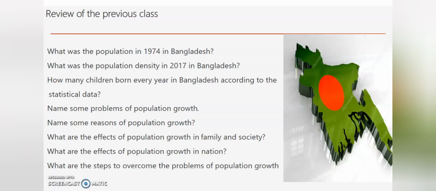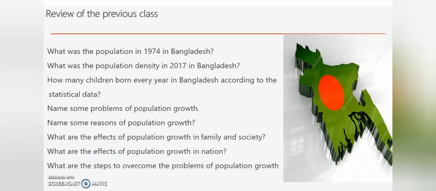Now, can you tell me the effects of population growth in family and society? Yes, you got the correct answer. Due to overpopulation, drug addiction, sexual indiscipline, smuggling, cruelty towards women, smuggling of women and children, these types of problems are seen in our family and society.